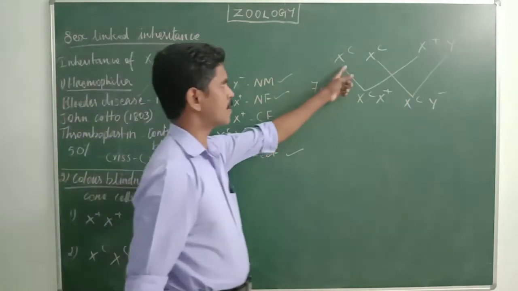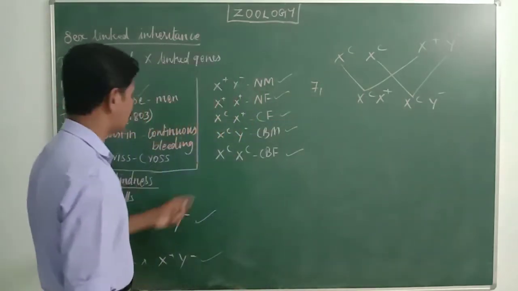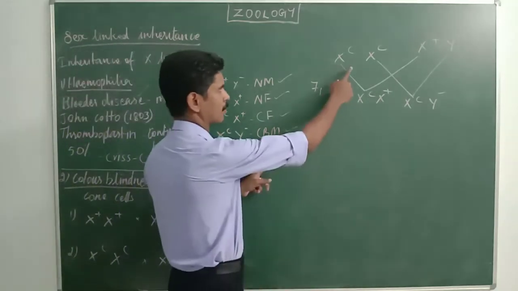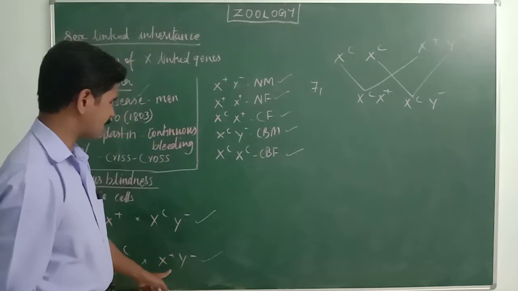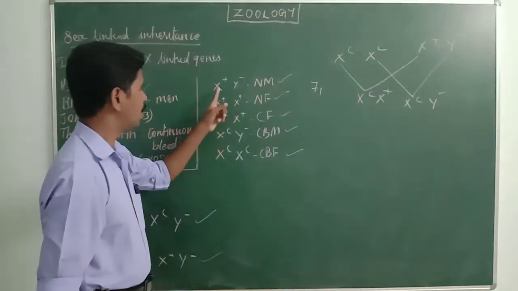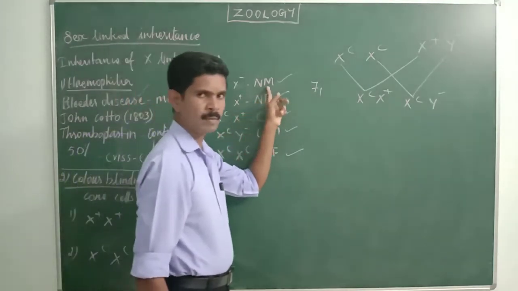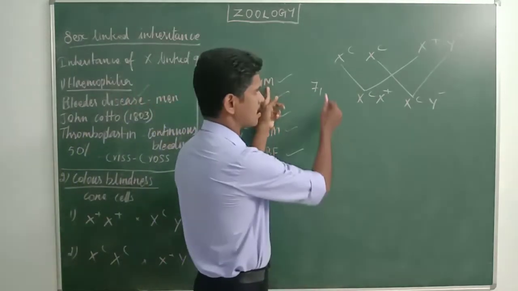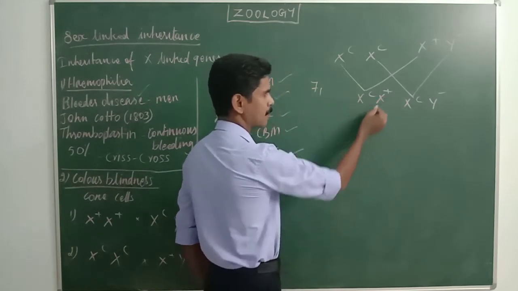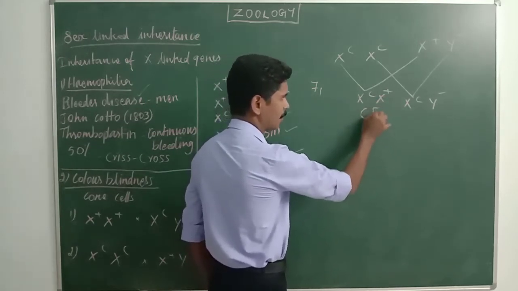XC is the gamete of the colorblind female, and X plus Y minus is the gamete of the normal male. Understand? So in the first generation you are getting XC X plus, meaning carrier female.